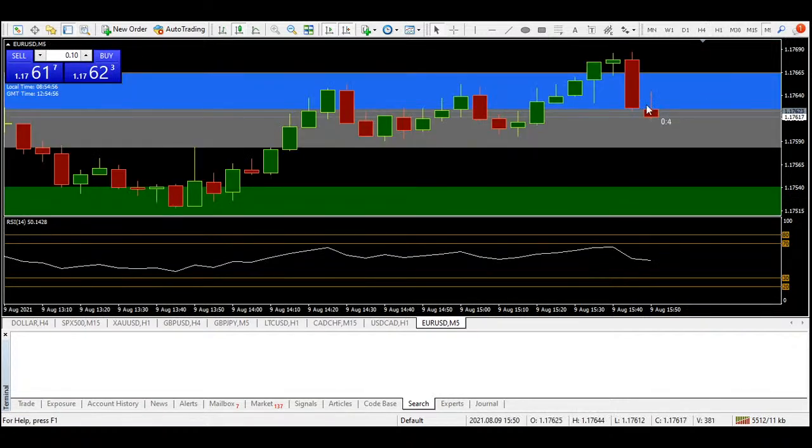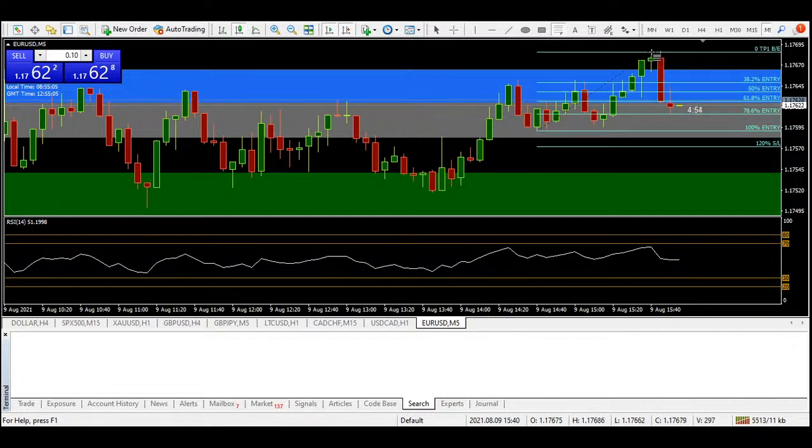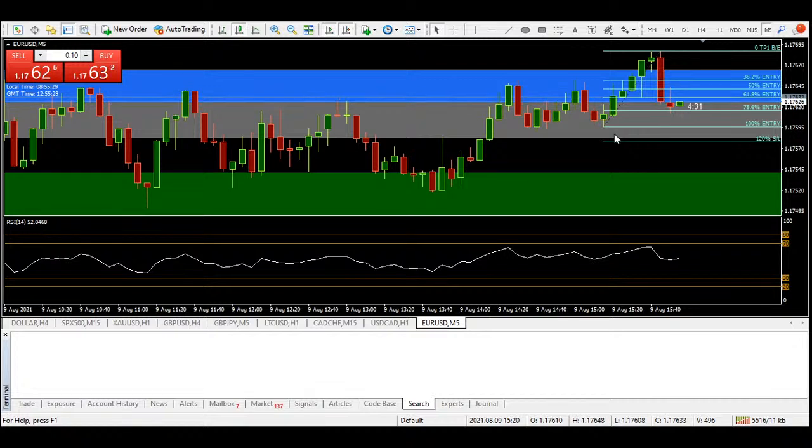Drop down to the 5 minute, the lower time frame. This is actually the most recent low. Let's go here, most recent low to most recent high.